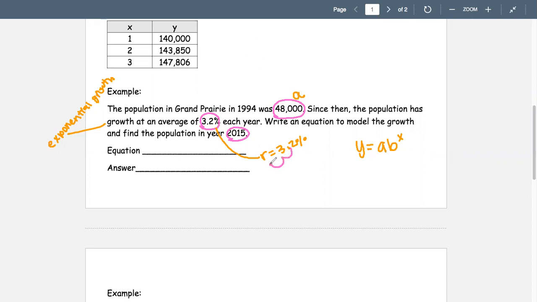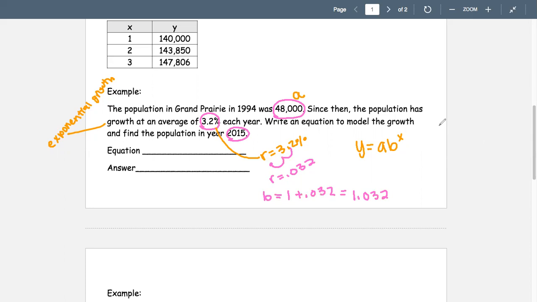Yep, move it 2 places to the left. So R equals 0.032. To find the B value, I have to add 1. So my B value would be 1 plus 0.032, so my B value is 1.032.